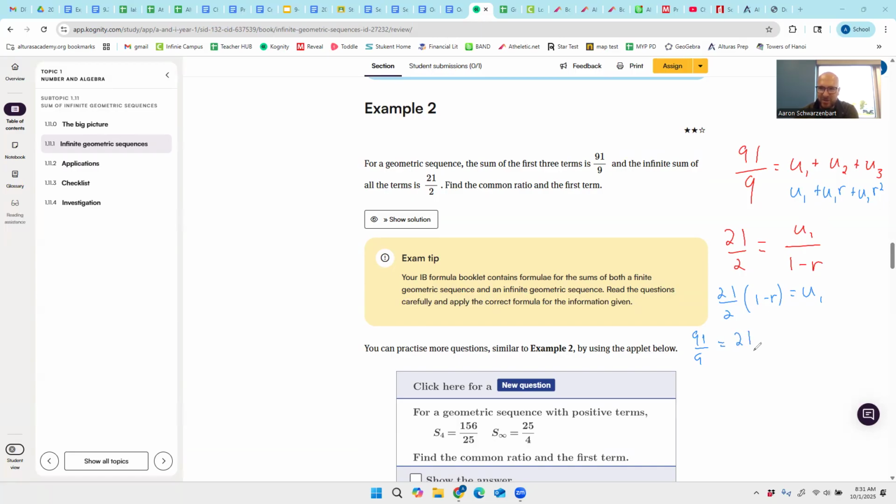I'm going to factor out a U1 there too. So effectively, I've factored out this U1. It helps when you can talk through it.